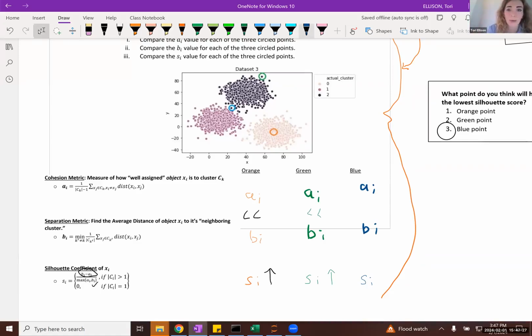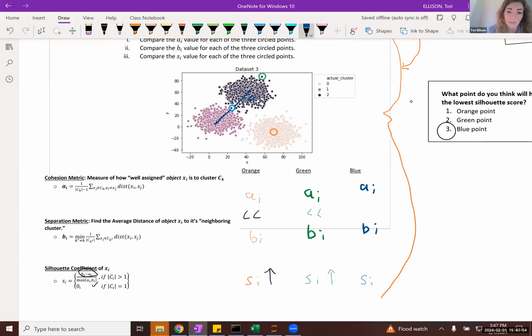So again, what we would do is find or approximate the average distance of this point to all the observations in the cluster that it was assigned to. That would be about a distance of something like this. That would be my AI. And then to calculate the BI, I would find the average distance of all points in this cluster.